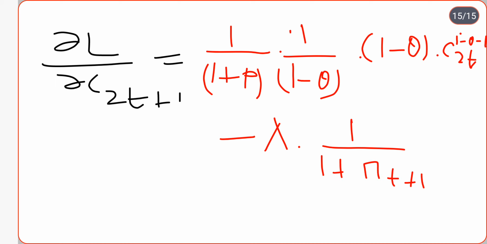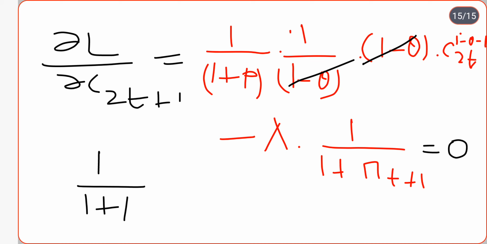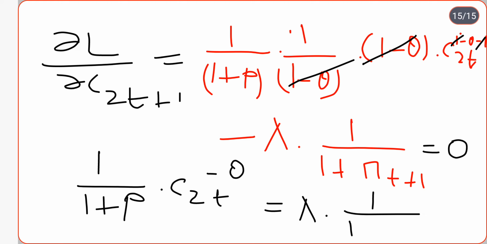Now this we set equal to 0, and we will cut this out. We will have only 1 by 1 plus rho into c2t plus 1, and here 1 and 1 will be cut out. We will have only minus theta, and this part, if we take it on the right hand side, becomes positive again, lambda by 1 plus rt plus 1.